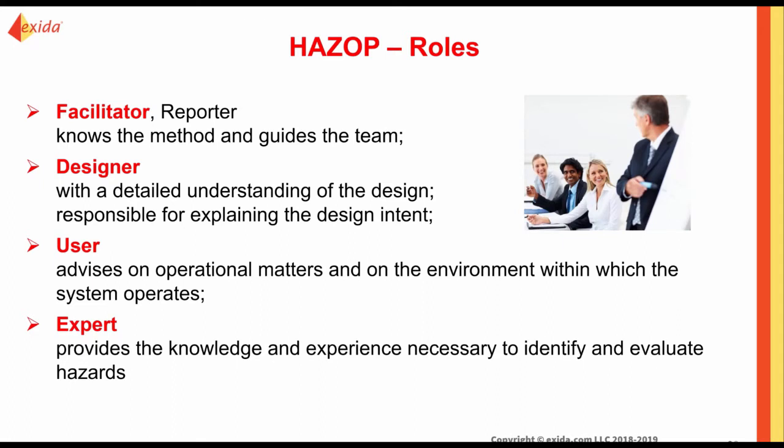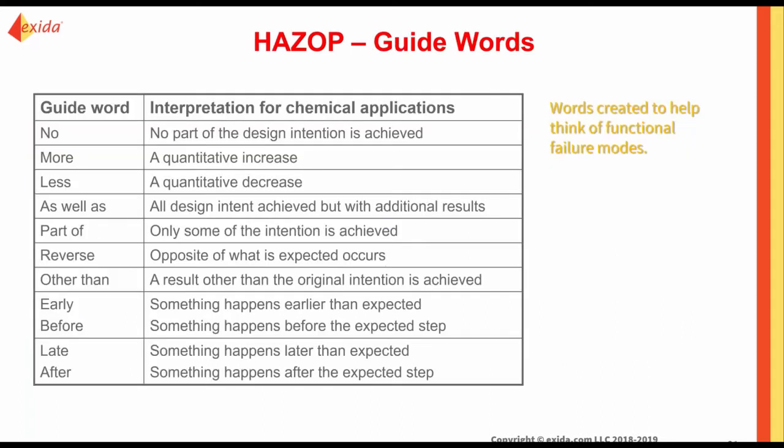In the world of HAZOP, they had predefined roles, and of course, it is possible to have one person do many of the roles, but most experienced people involved in HAZOPs want at least two people there, a facilitator and a designer, as long as the facilitator is an expert. So you don't have to have lots of people there, but a HAZOP is typically done in a group. HAZOPs are done with this invention known as a guide word.